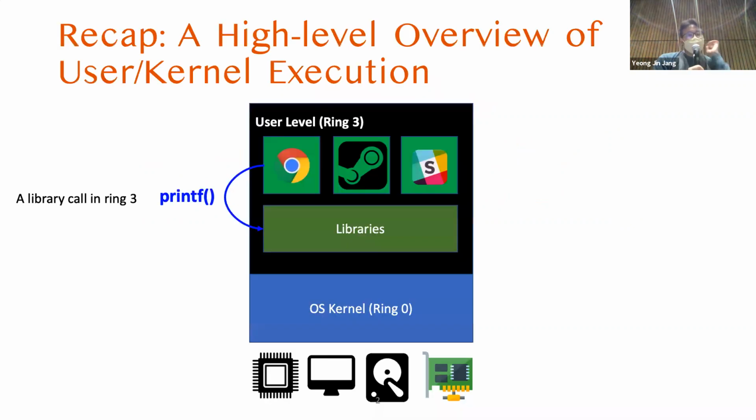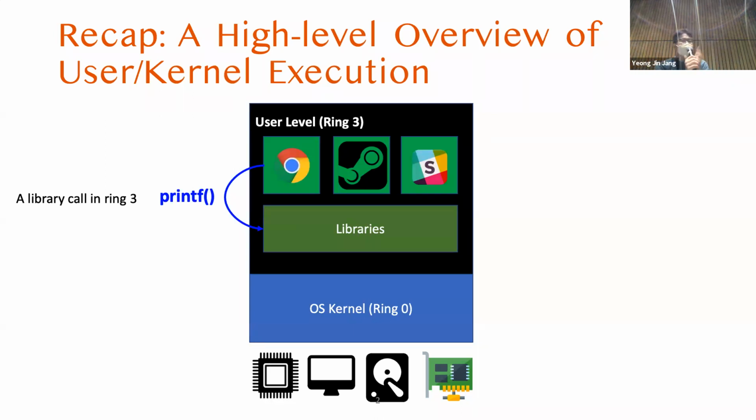So let's do a little recap of how the user-kernel execution switch happens in the operating system. Although we separate ring 0 and ring 3 with memory privilege, the only thing that separates the privilege is written in the page table. So the presence of that bit determines whether it is ring 0 or ring 3.